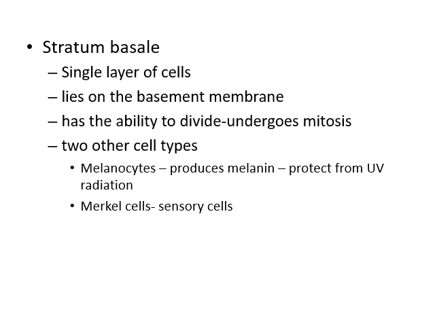So if you look at a skin section, a histological section, in these cells you will see mitotic bodies, that is cells which are dividing. Then you also find 2 other types of cells: melanocytes, which produce melanin and protect our internal tissues from UV radiation, and Merkel cells, which are actually sensory cells.